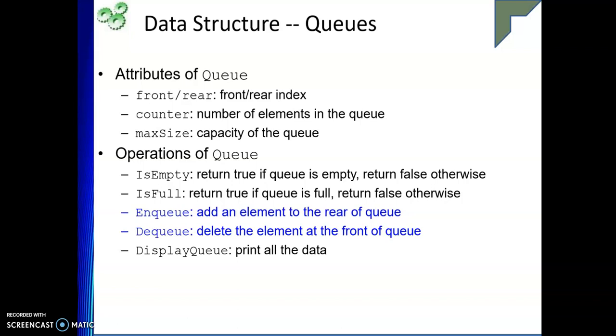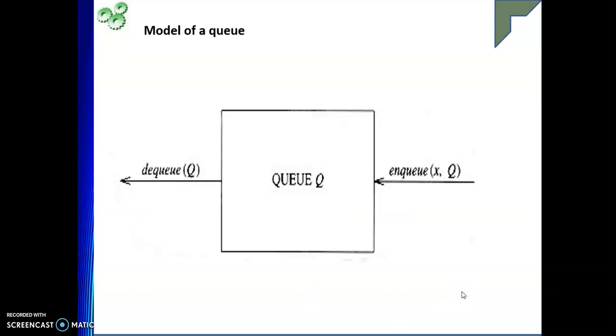An attribute front points to the element which you want to remove. Rear is where you want to insert the element. Counter gives the number of elements in the queue, and the max size is about the capacity itself. So the model is represented like this.